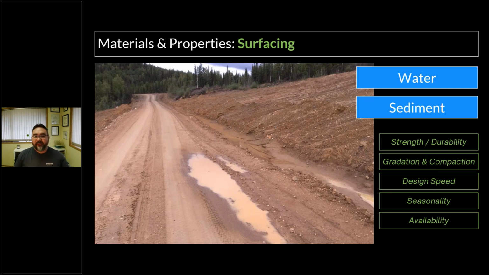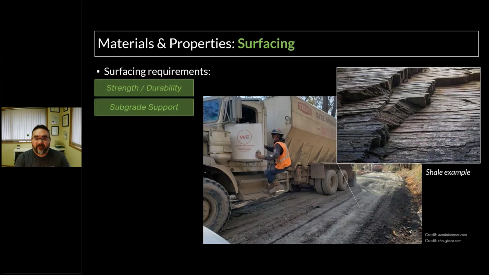So for example, in terms of strength and durability, if we have a weaker material that is going to erode or break down to silt versus sand, that's going to change the nature of our road surface significantly over time.